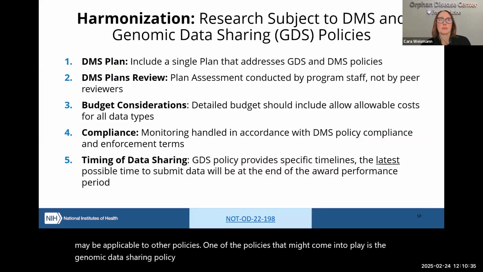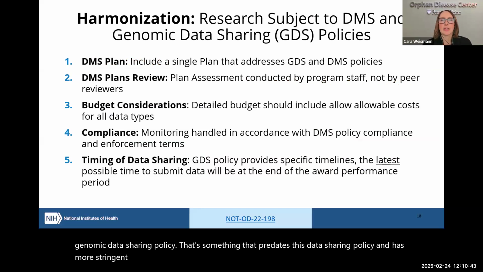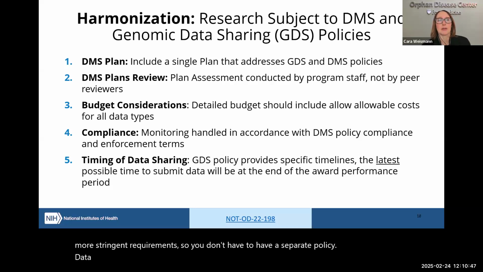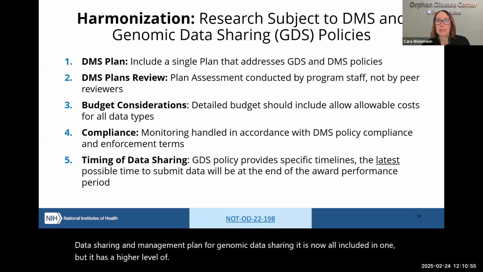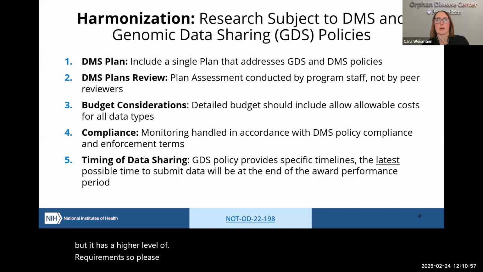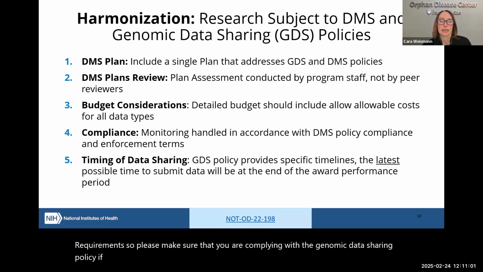That predates this data sharing policy and has more stringent requirements. You don't have to have a separate data sharing and management plan for genomic data sharing. It is now all included in one, but it has a higher level of requirements. So please make sure that you are complying with the genomic data sharing policy if you have genomic data within your material.